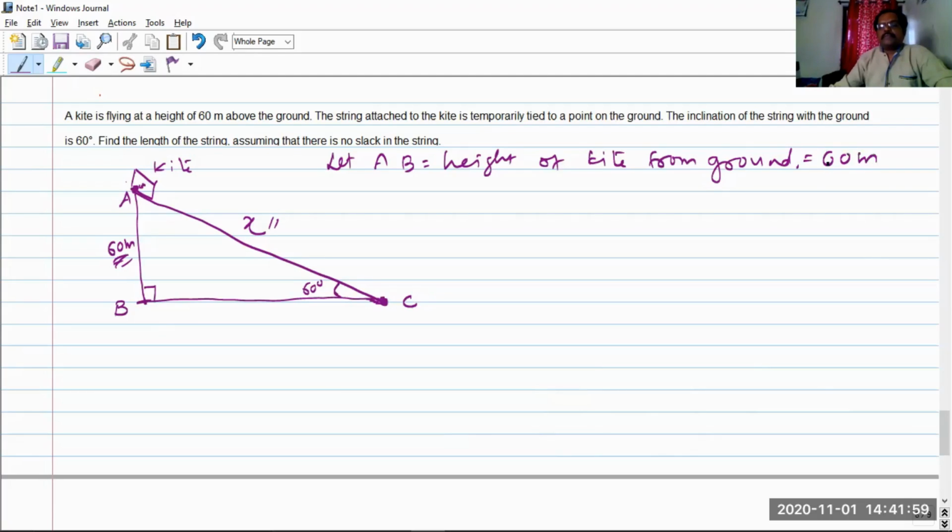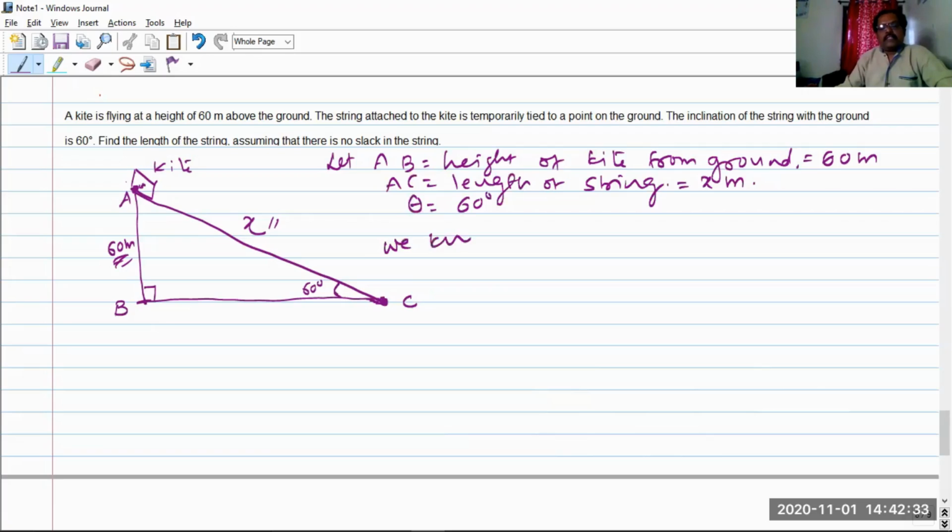Also AC is the length of the string, which is tied at the point C temporarily, and we let its length be equal to x meters. That is what we need to find here. Also you are given the angle of elevation, here 60 degrees at the point C. So students, again we need to use sine theta here.